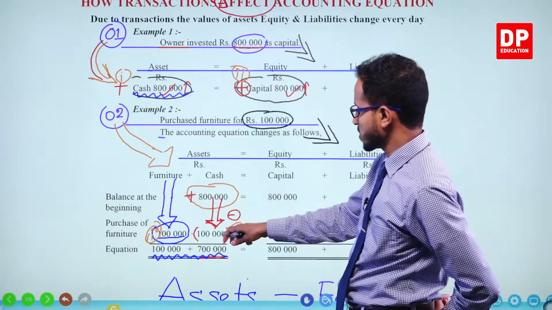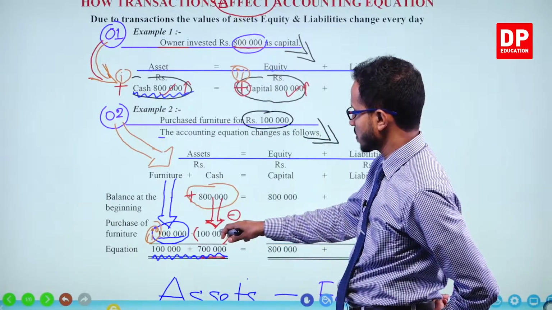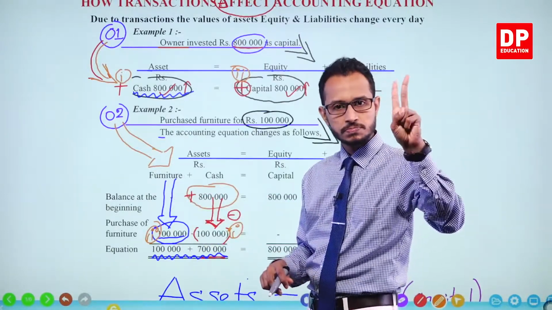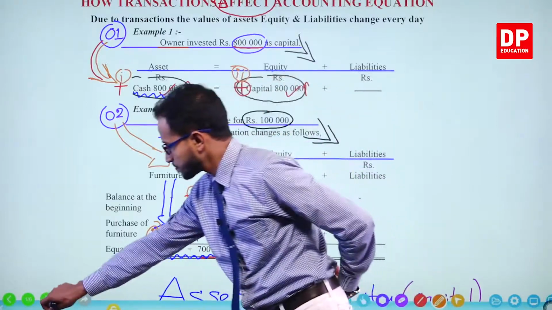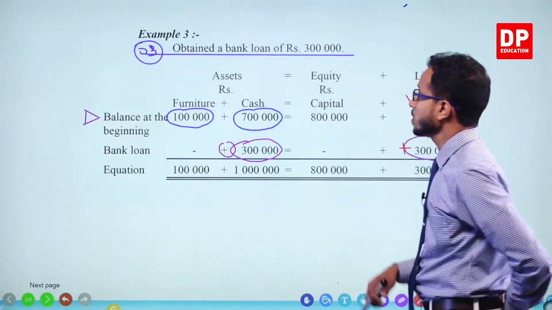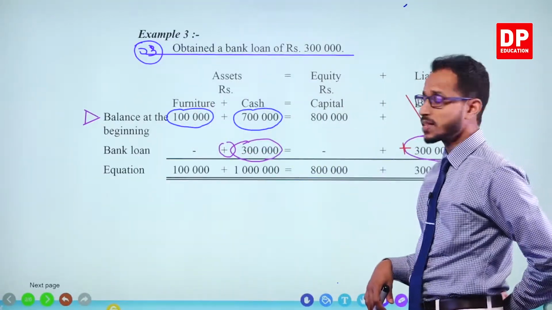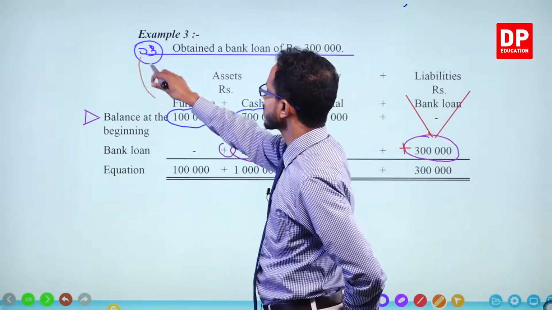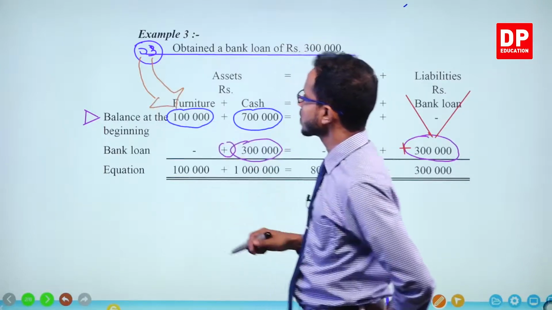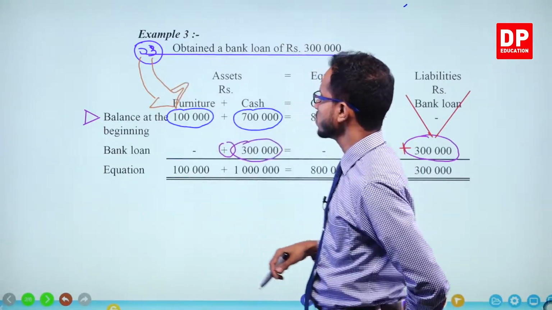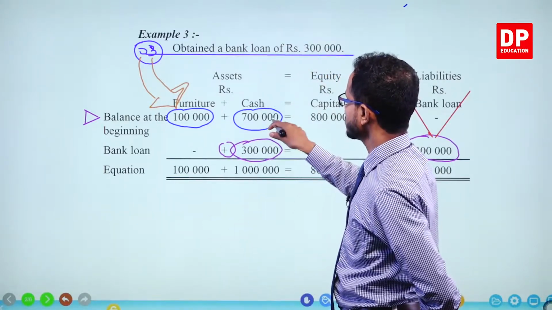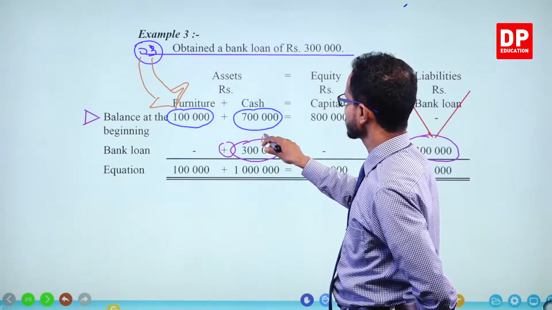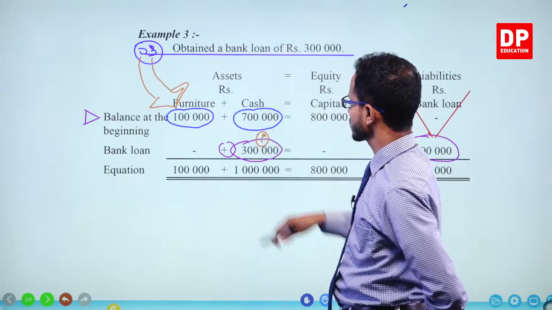Cash decreased by 100, but furniture increased by 100. Two effects. Moving on. This last example that we discussed also has two effects. 1 and 2.